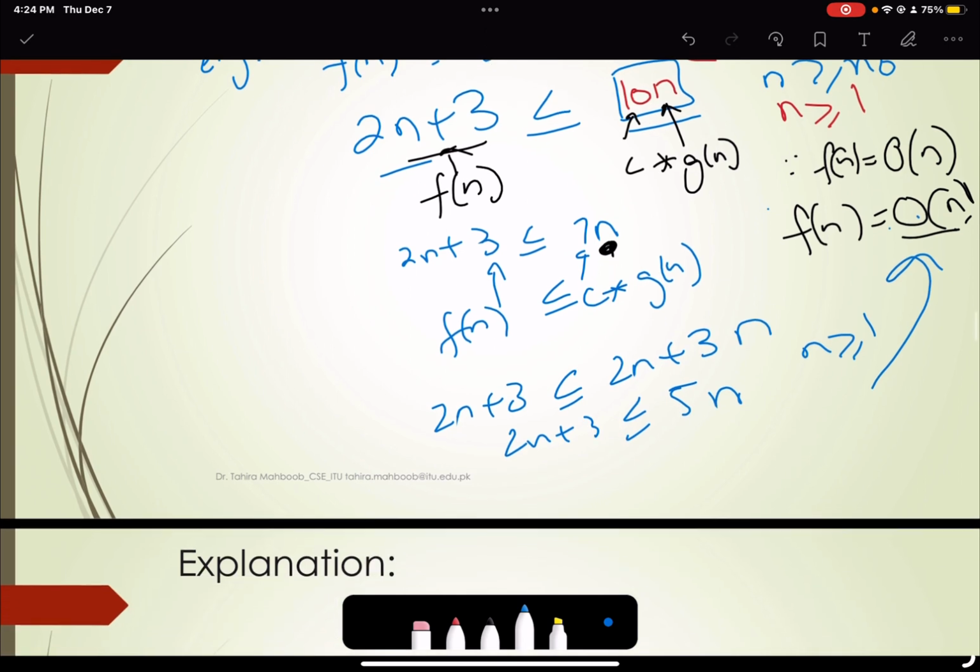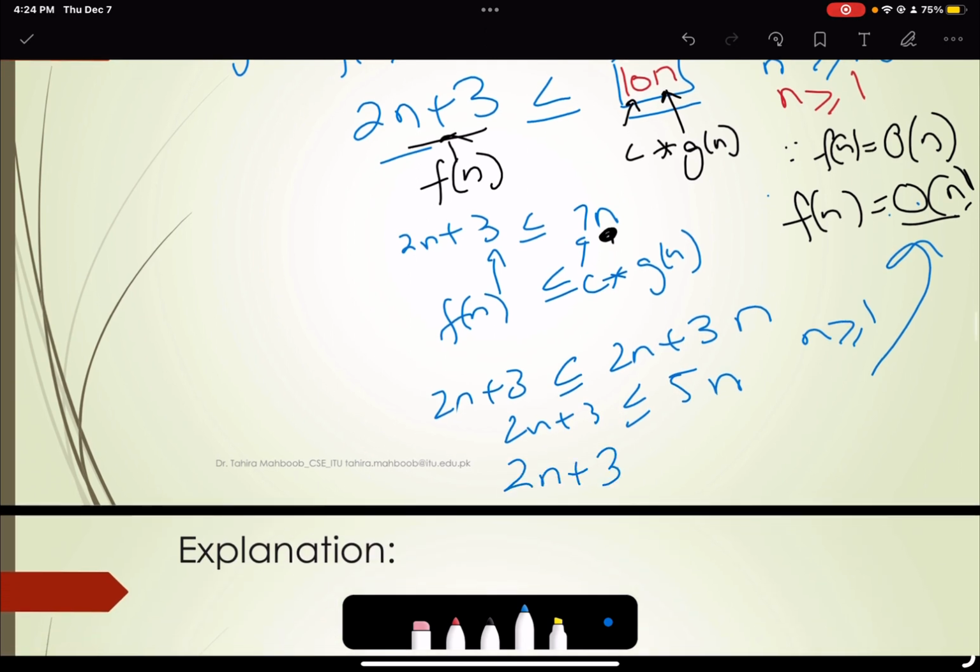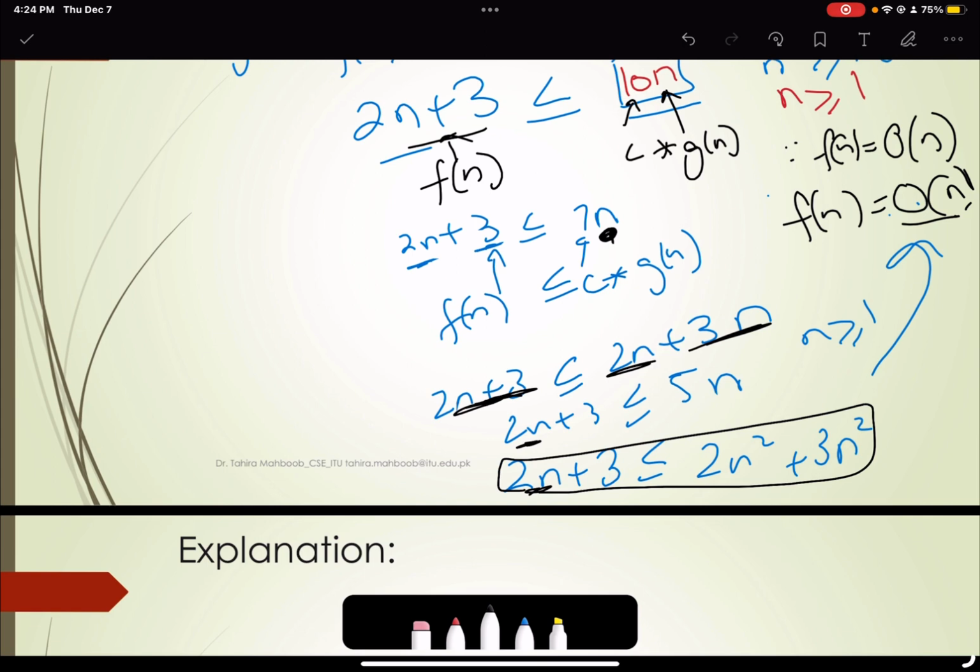What about this case, 2n squared plus 3n squared? We can say that both of these terms we can represent by multiplying them with n to get the complexity. So what about the squared term? 2n plus 3 is less than or equal to 2n squared plus 3n squared, where n is greater than or equal to 1.